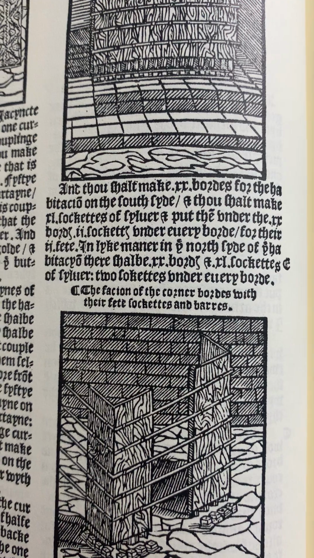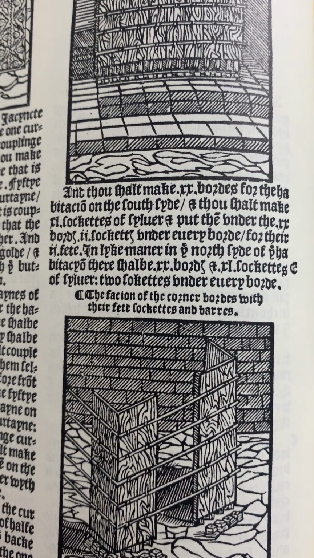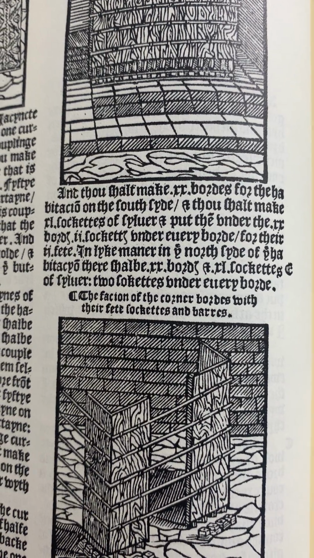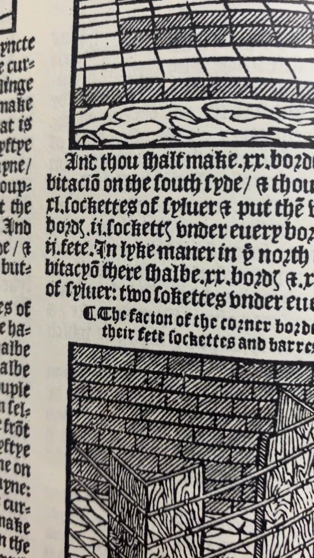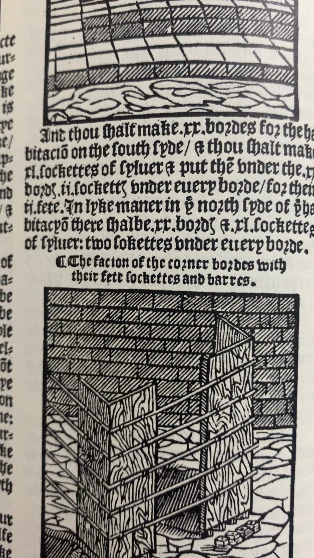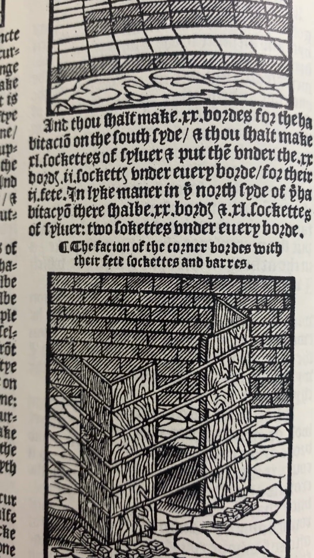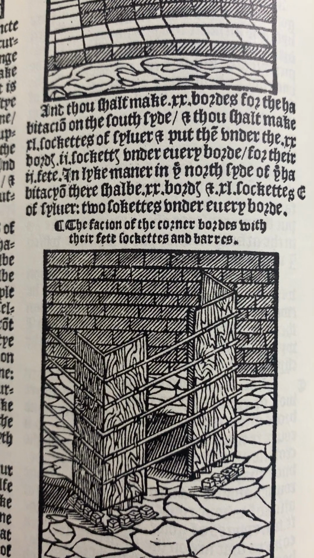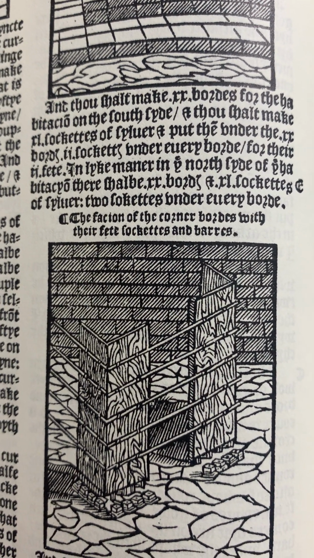And thou shalt make 20 boards for the habitation on the south side, and thou shalt make 40 sockets of silver, and put them under the 20 boards, 2 sockets under every board, for their 2 feet.